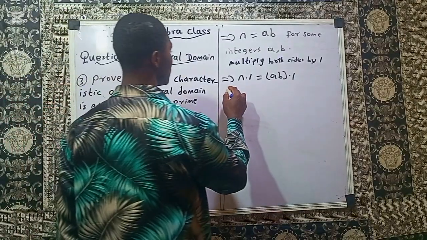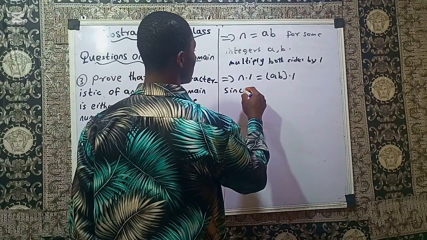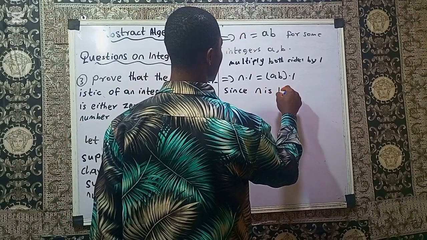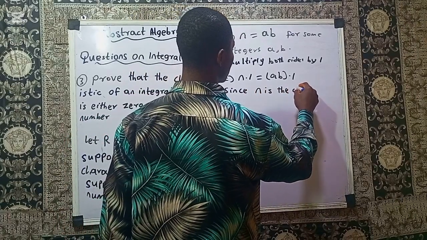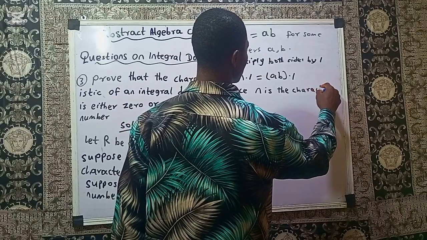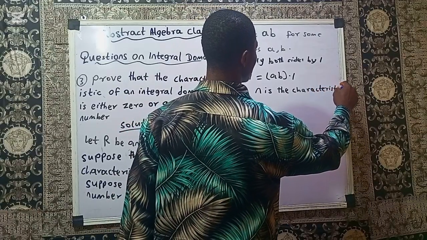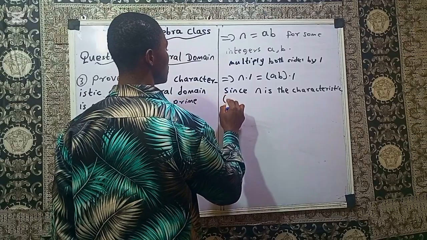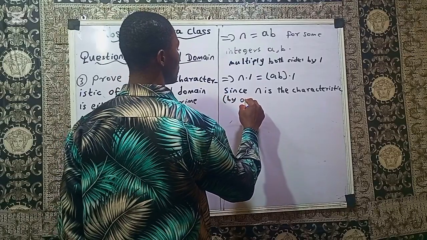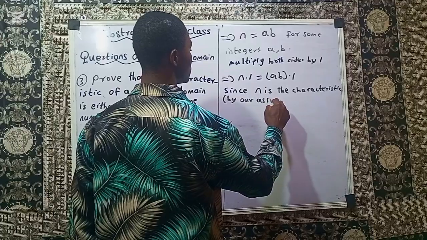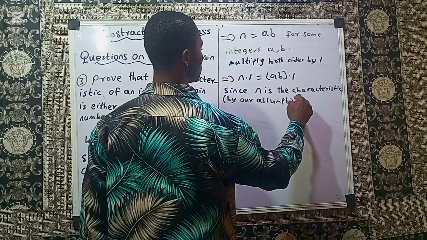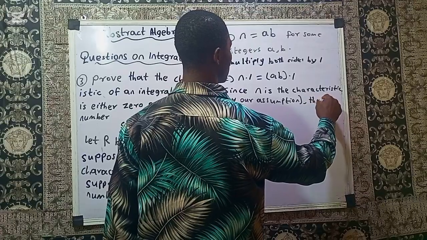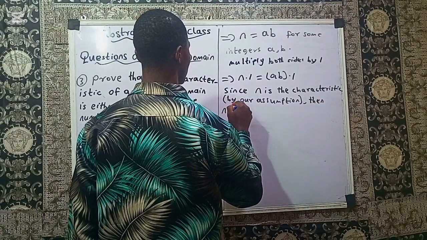But since n is the characteristic by our assumption, then n times 1 is 0.